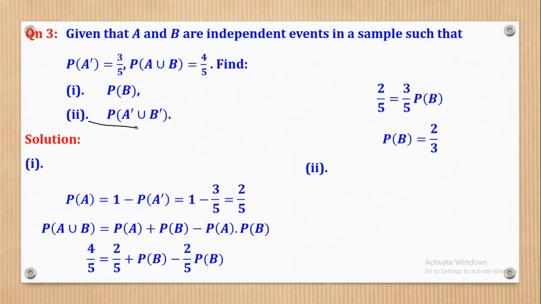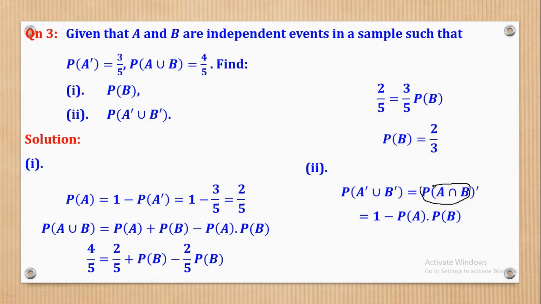Roman 2, the one probability of A complement union B complement. So from De Morgan's law, when these complements come out, the sign changes. It was union, it becomes intersection. Then I remember that A and B are independent, so it becomes the product of the individual probabilities.